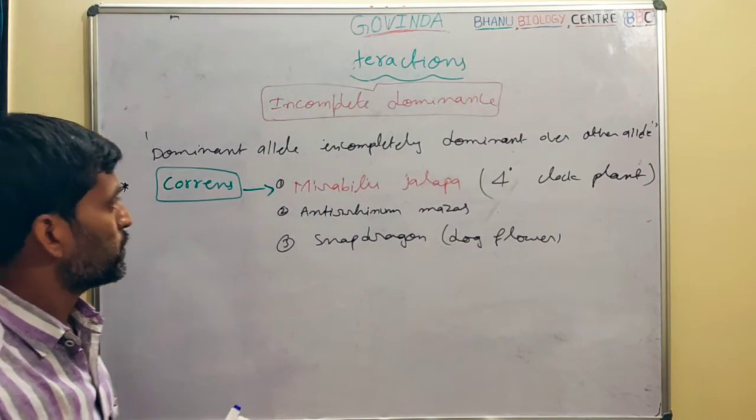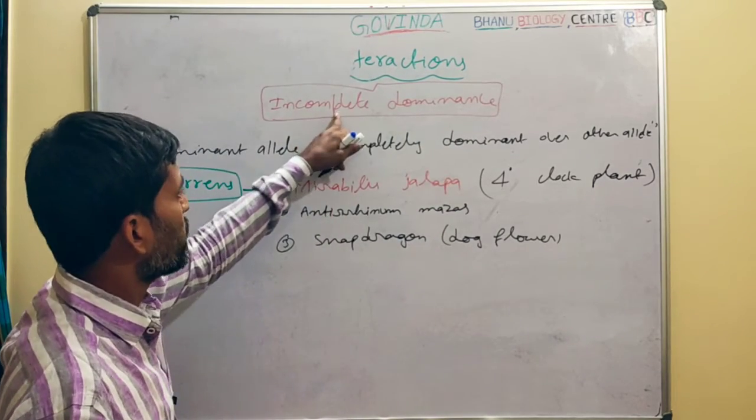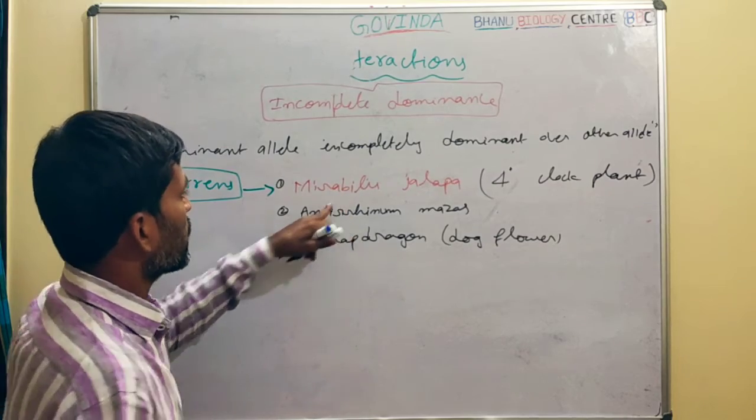These are the three examples. Let us understand incomplete dominance by taking the example Mirabilis jalapa.